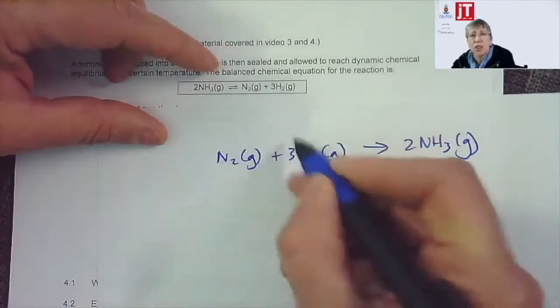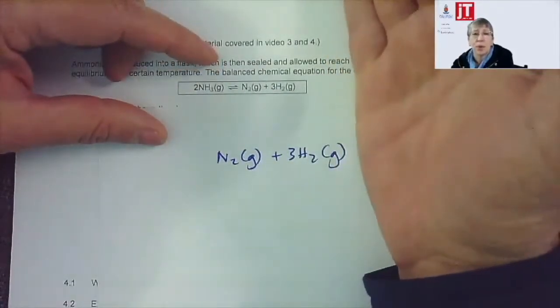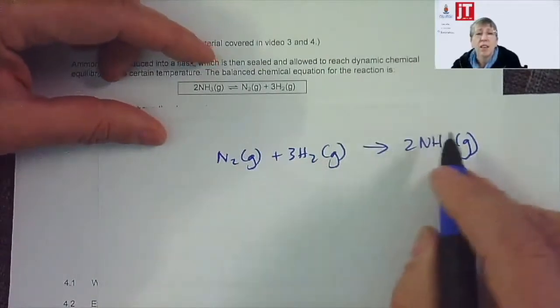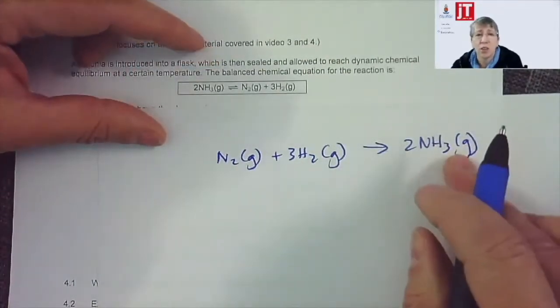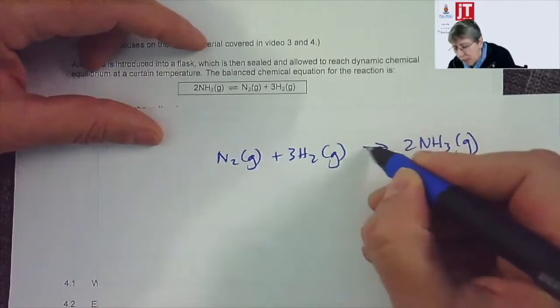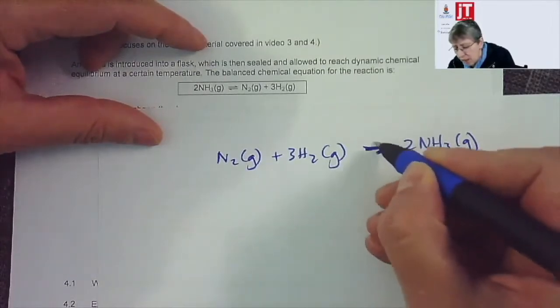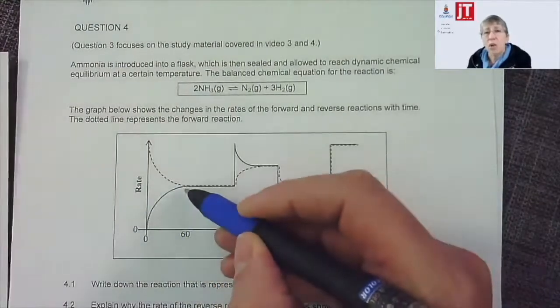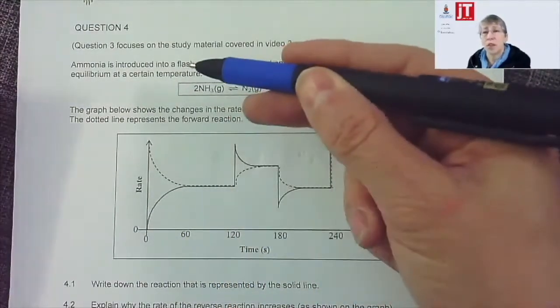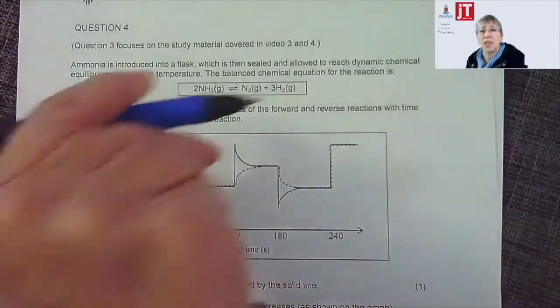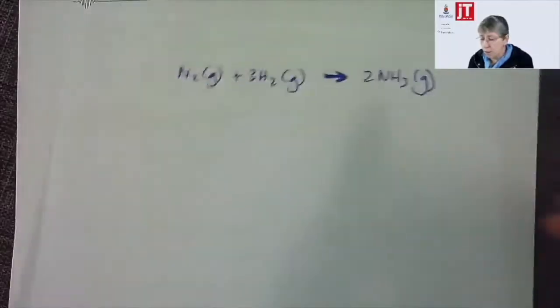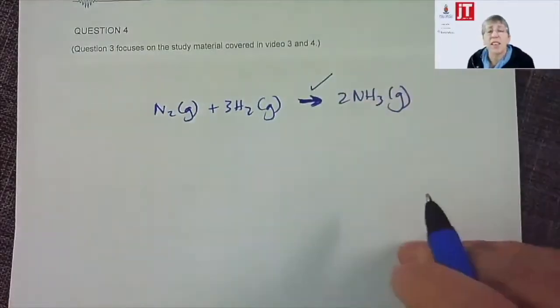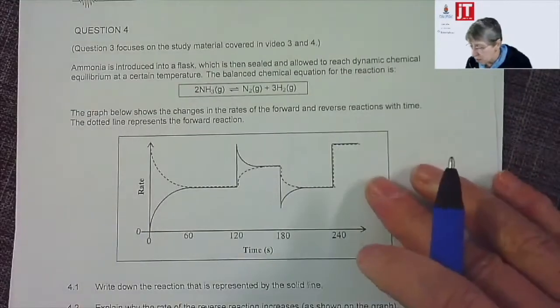Now these two can switch around because that's what I put in. They are reactants, right? But the two sides can't switch around, and you definitely need only a single line, right? Because that solid line only refers to the reverse reaction. The dotted one is the forward reaction. So make sure that you've got the single line, otherwise you won't be able to get that mark.